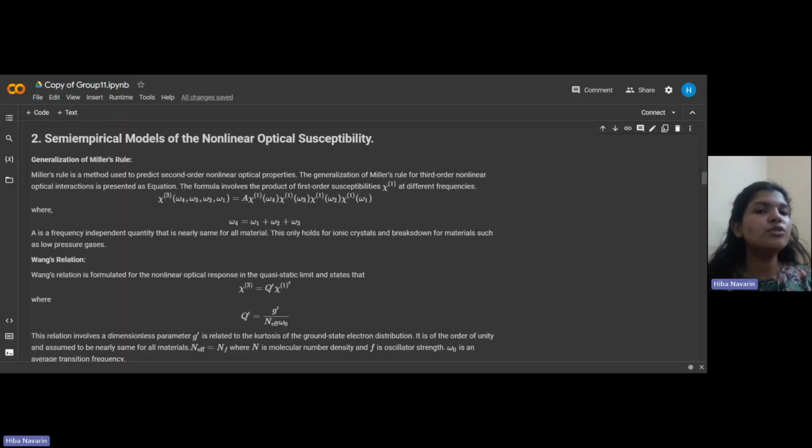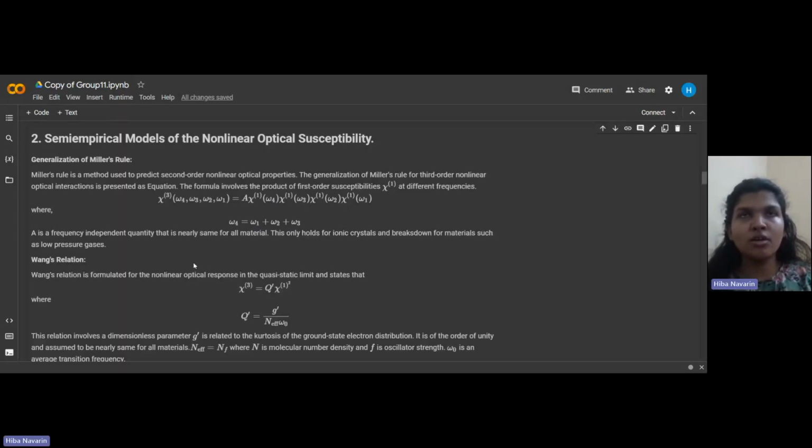Here we have to notice that omega 4 is the sum of frequencies, and A is a frequency independent quantity that is nearly the same for all materials. The drawback of this generalization of Miller's rule is that it only holds for ionic crystals.